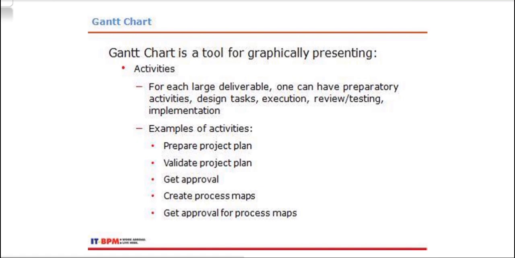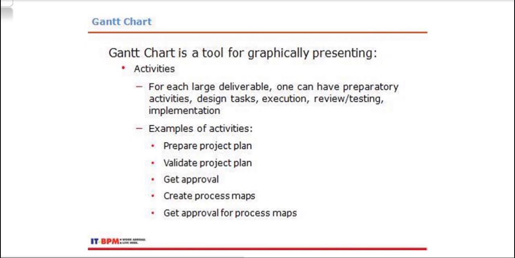A Gantt chart is also used to present activities. Activities are the smaller components of work packages in a project. This is needed to provide a basis for estimating, scheduling, executing, and monitoring the project work. This is level 3 in the work breakdown structure.